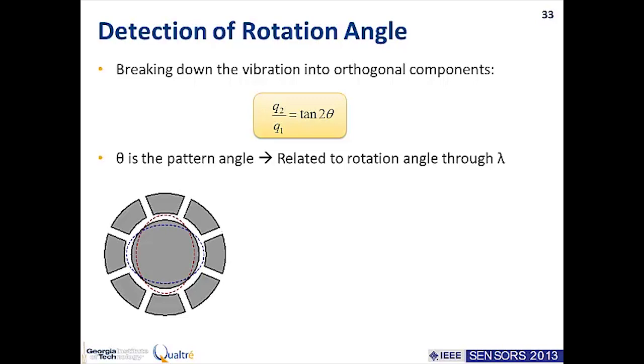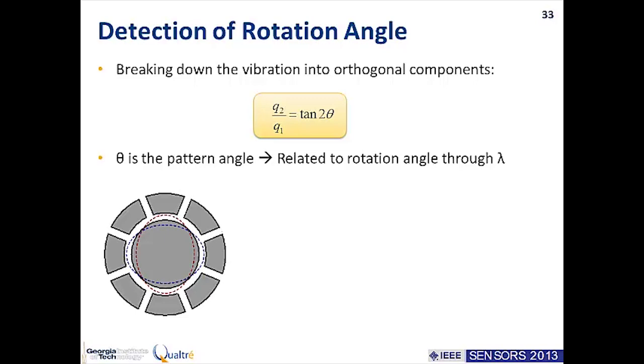We can decompose the motion of vibration into two orthogonal modes. So if Q2 is the amplitude of the mode aligned to the 45-degree line, and Q1 is the amplitude of a mode aligned with the X and Y directions, then by measuring the ratio of those two amplitudes, we can always calculate the angle.